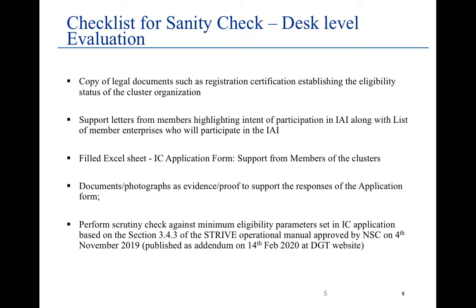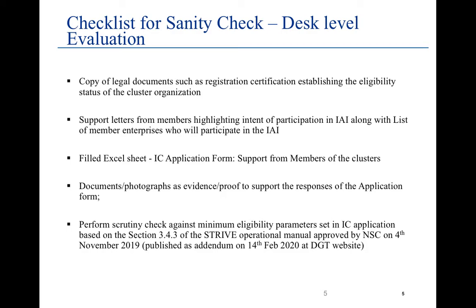That's the basic level of desk-level scrutiny and assessment that an SAMC Secretariat must perform, so that they provide a more meaningful and informative set of data in tabular format to the State Cluster Evaluation Committee meeting. It is also desired that SAMC should make an Excel sheet of each question asked in the IC application form, pasting from the submitted IC application form against each column in the Excel sheet, so that when NCEC reviews and screens the shortlisted IC application forms recommended by the state, certain information that NCEC would also require is available.